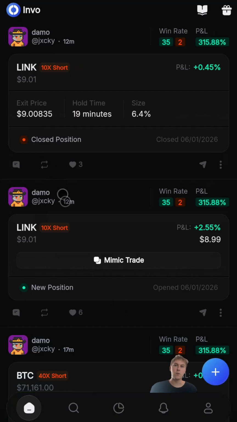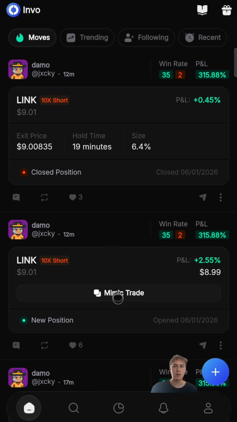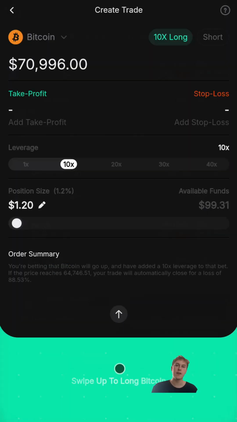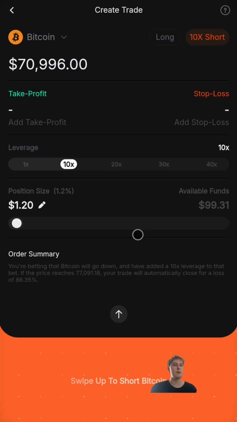And then once you feel like you're getting the hang of things, you can also create your own strategy and take your own trades. So if I click this blue plus here, click live trade, let's say I want to short the market, I can now come up with a strategy. Say I use trend lines or EMAs or order flow, and come up with a system to decide whether you think the markets are going to go up or down, and then start taking your own trades.